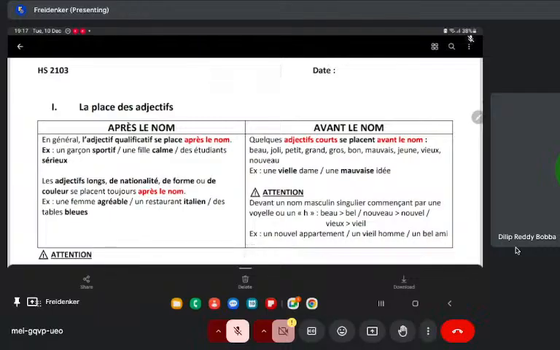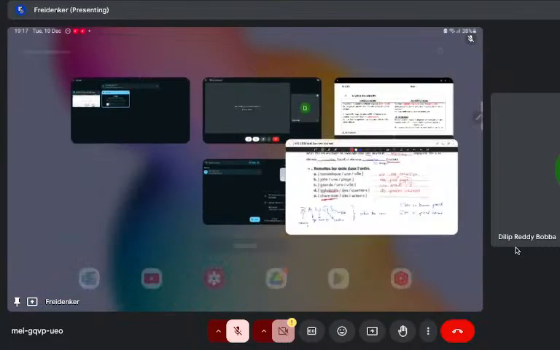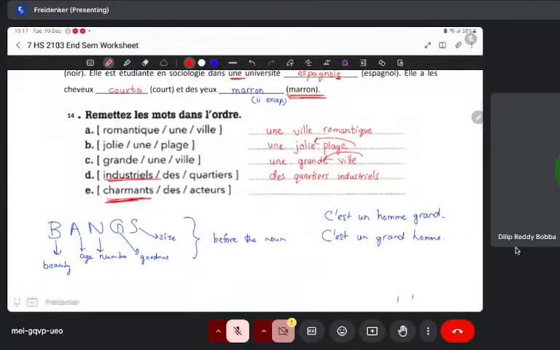The form, like how are they? Here, a pleasant lady, une femme agréable. So they're charming actors, des acteurs charmants. It will come after the noun. There's nothing unusual about this. They're very much normal, in the sense the adjectives are coming after the noun, right?